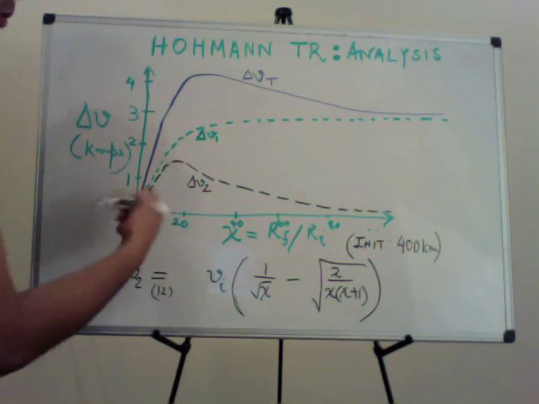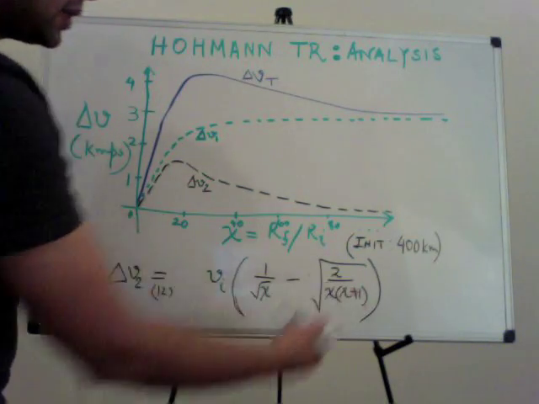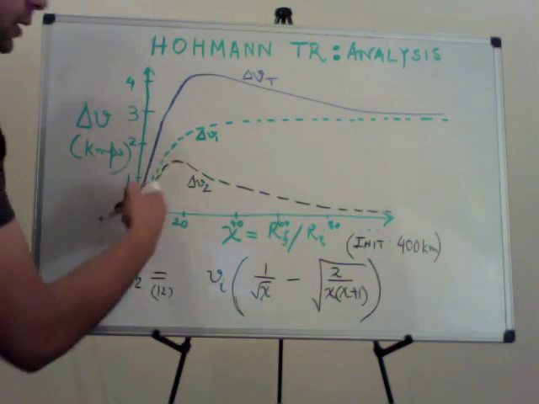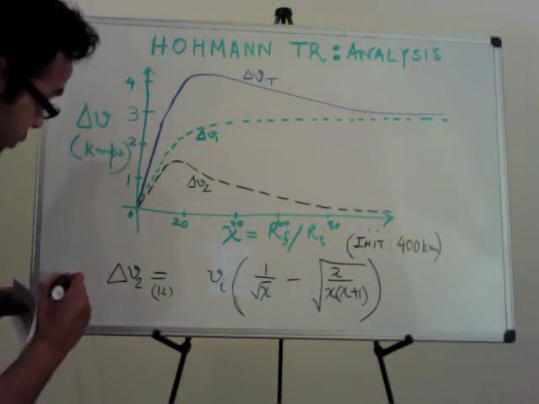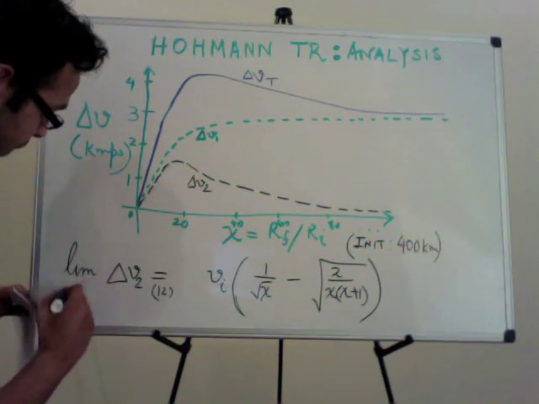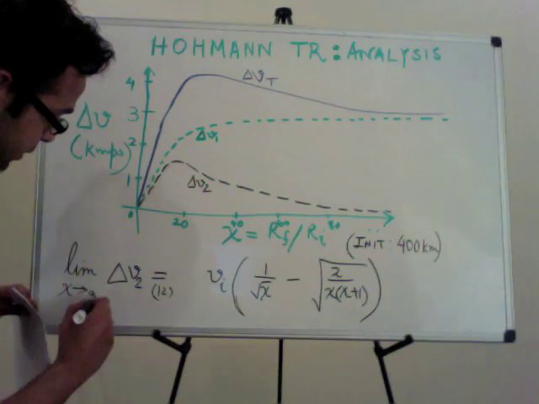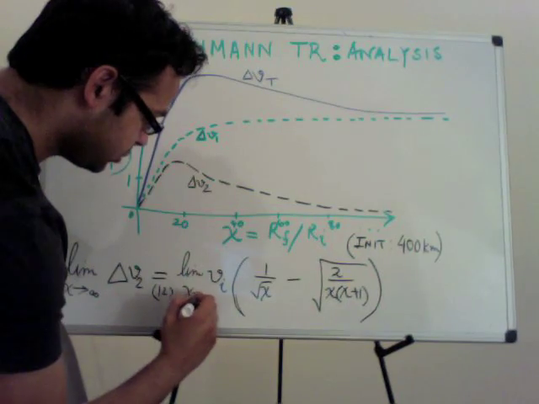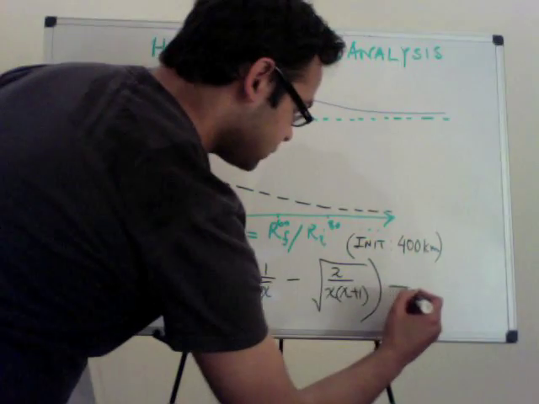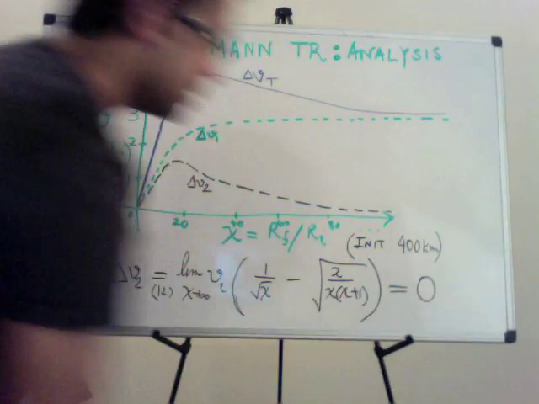And what happens is that as chi increases to infinity, this curve dies out to 0. So if I use the limit chi goes to infinity, this value is nothing but 0.